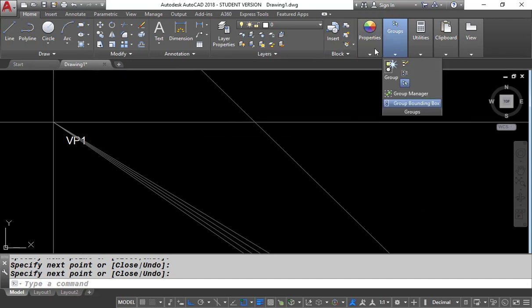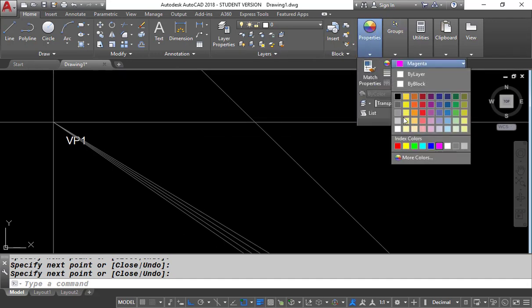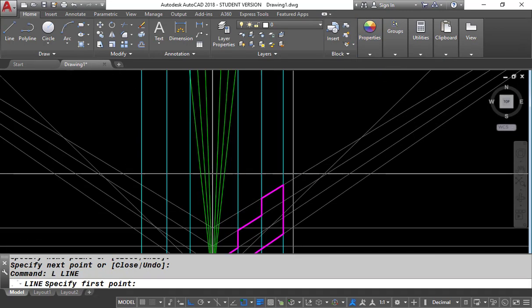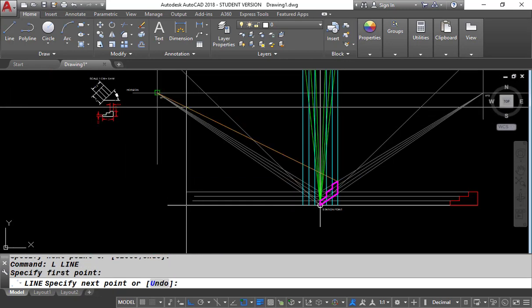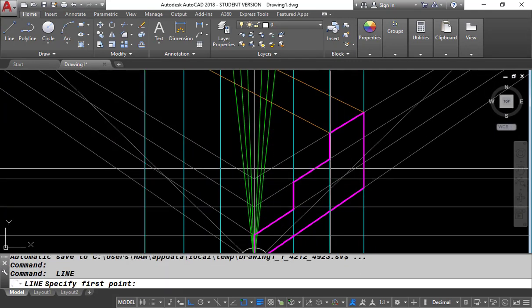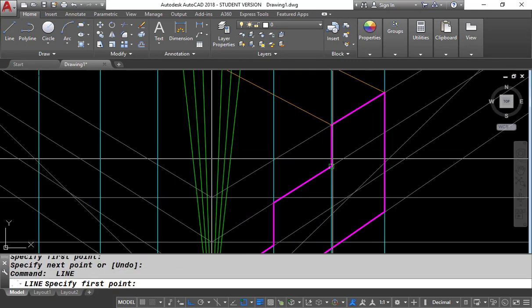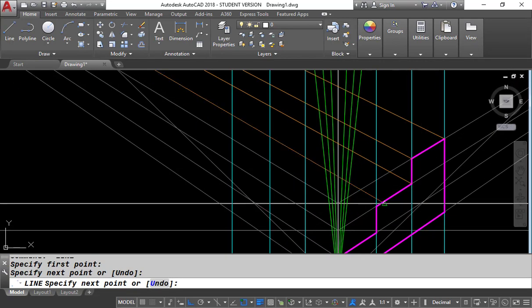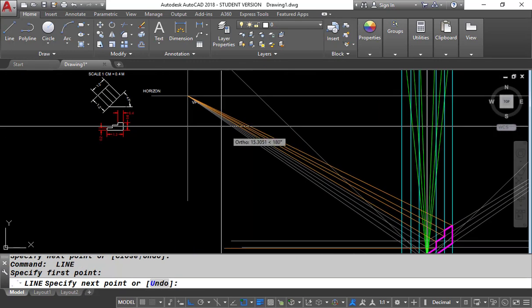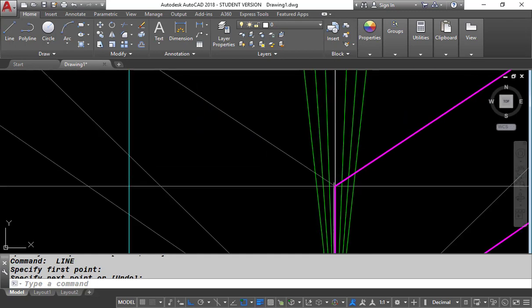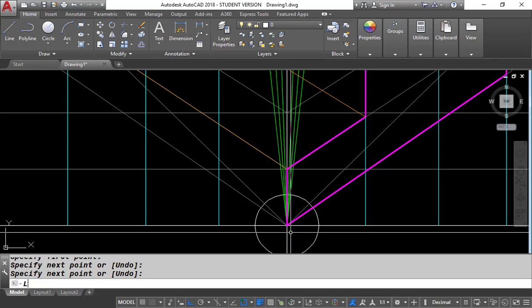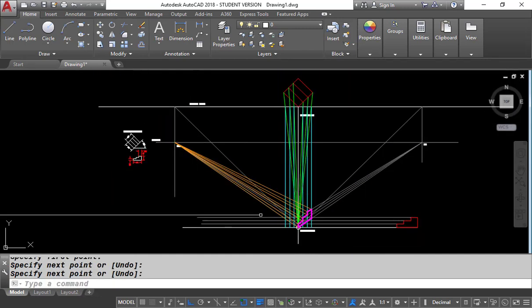So I will change the color to, let's say, a light color, connecting this point to this vanishing point, this point to the vanishing point, this point also connect to the vanishing point, also connect this point to the vanishing point, and this is already connected with the vanishing point, and again connect this point to this point.